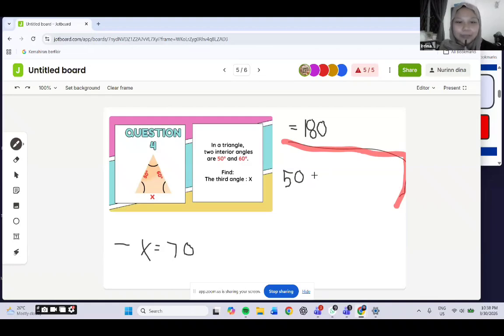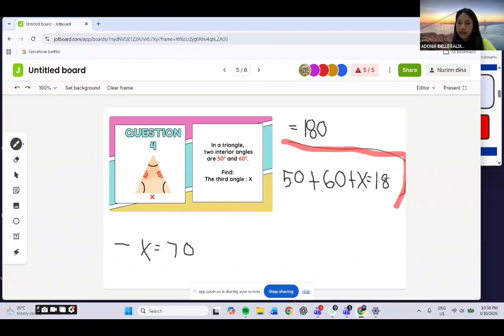Okay, so basically 50 plus 60 plus x is equal to 180, right? Yes, 180.